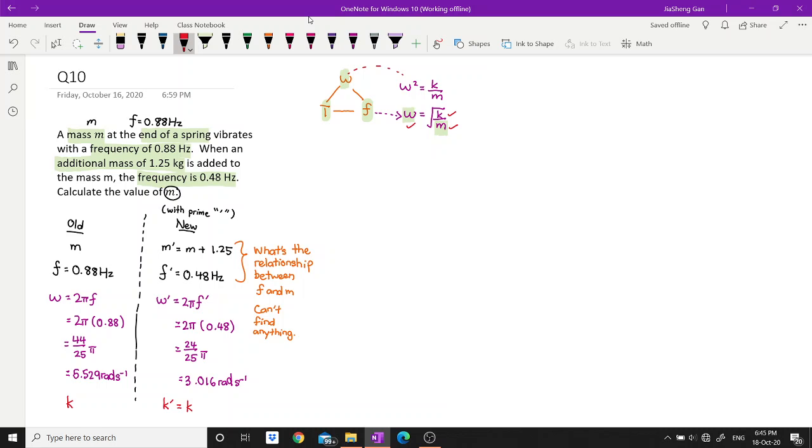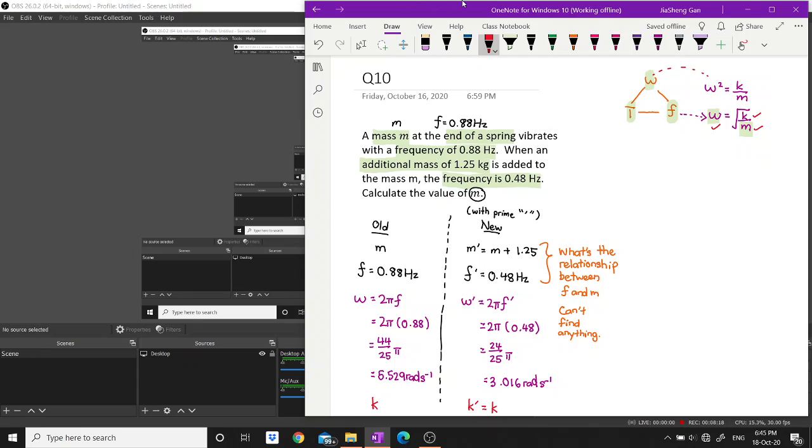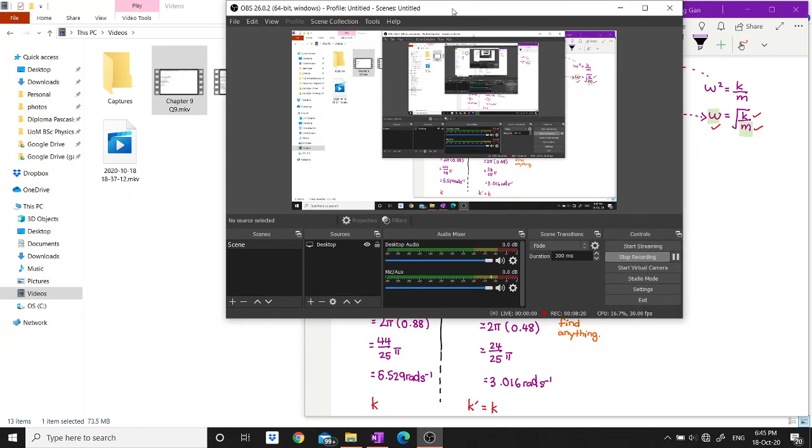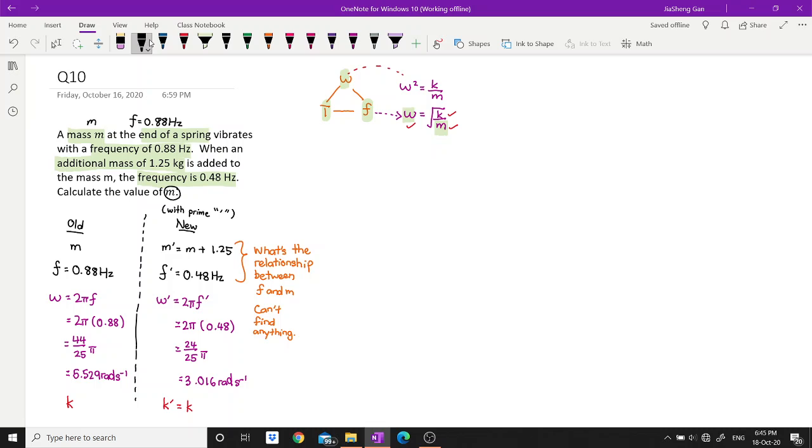To compare these two things together, what you usually do is to divide the new situation by the old situation. So in this case, you take omega prime divided by omega.